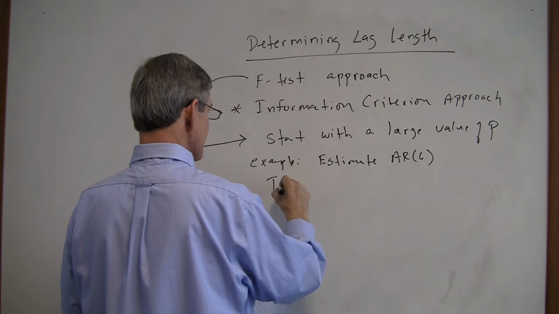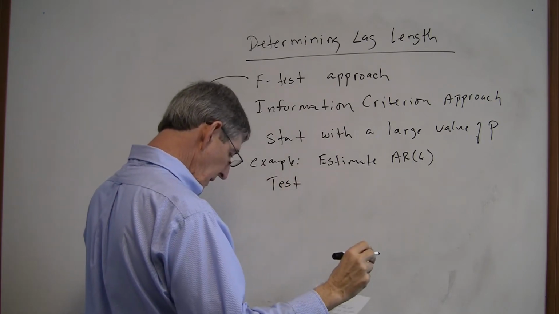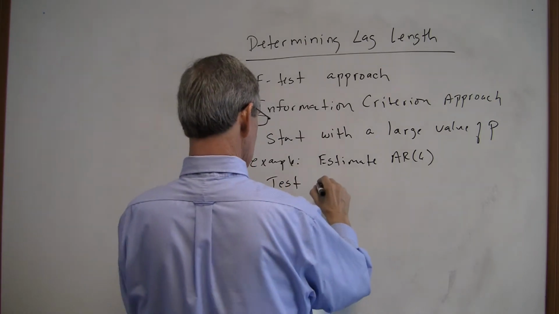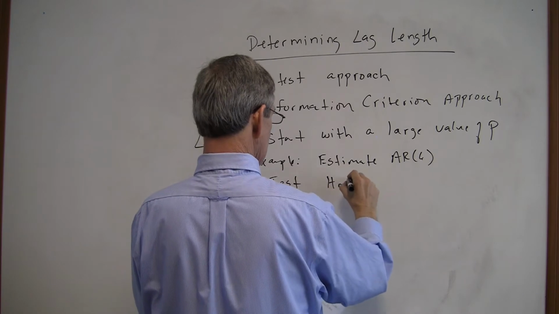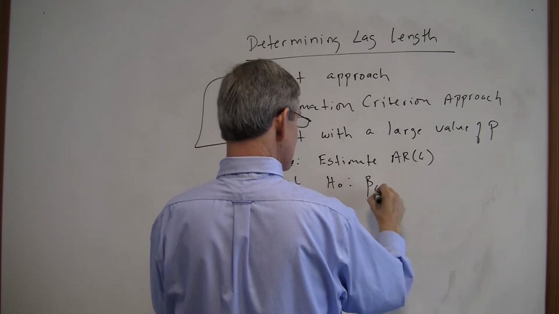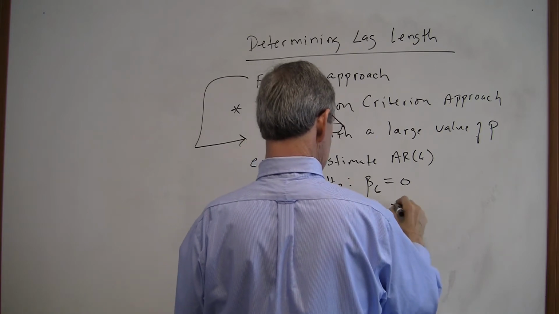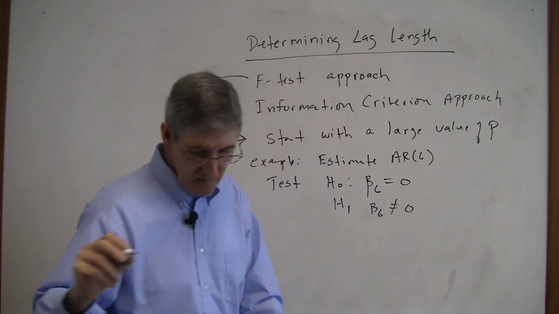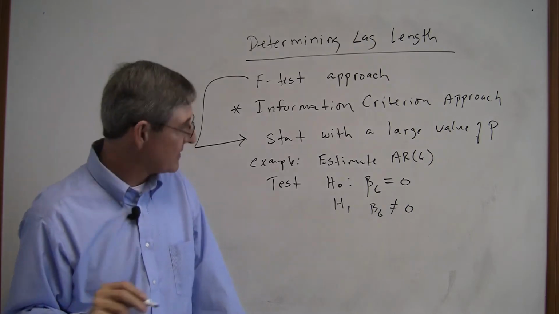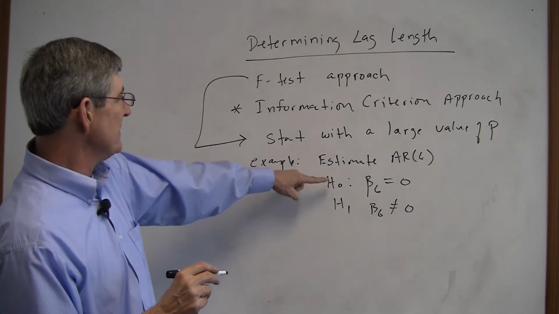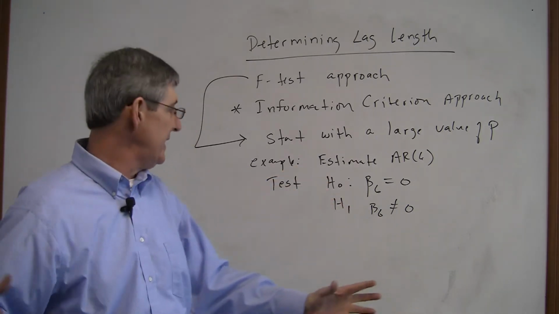Then test whether beta 6 equals 0 versus it's not 0. Now, presumably, if you've done this right, this first test is going to be 0 if you've taken way more lags than you need.